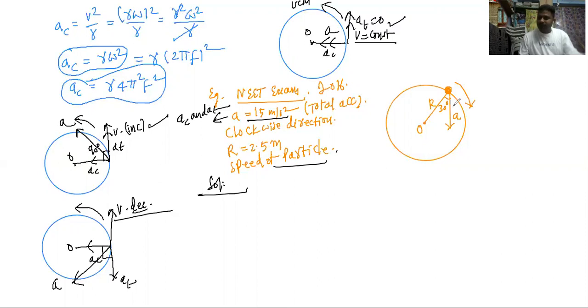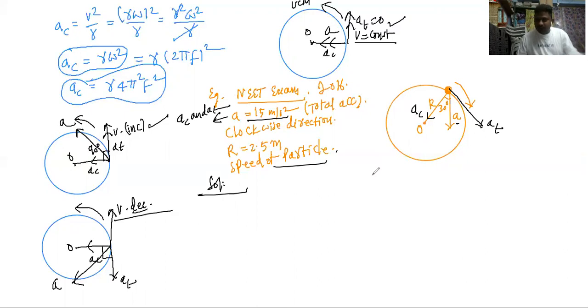So let us resolve this in terms of centripetal and tangential. This is centripetal, this is tangential. Tangential will be in the direction of the tangent and centripetal will be towards the center. Right? See, when this is 30 degrees, the component of this A is AC. This AC is making 30 degrees.